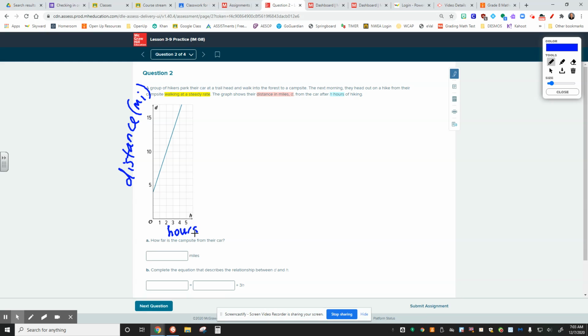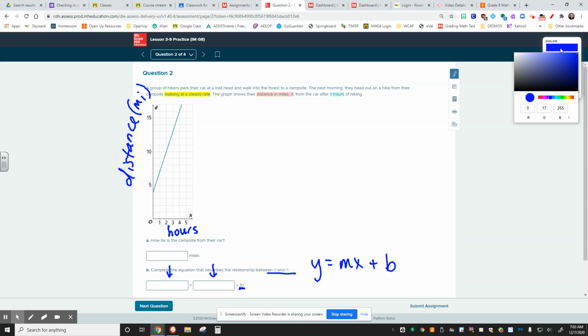The equation represents the relationship between d and h. When we're talking about part B, d and h, we're talking about any distance over any given amount of time. What we need to figure out is what goes in this piece right here, and this piece right here, knowing that we have this 3h already set up. Our equation usually looks like y equals m times x plus b. When we're talking about the y coordinate, we're talking about which one depends on the other.